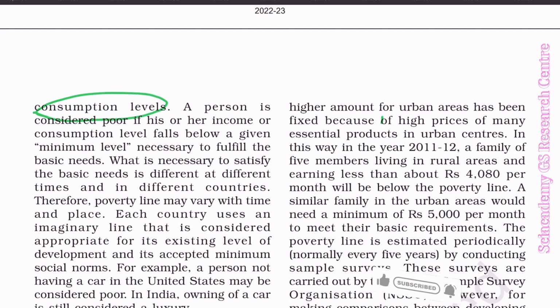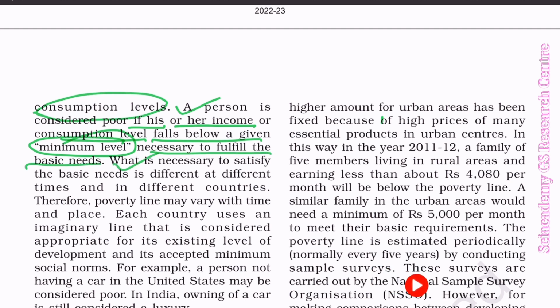A person is considered poor if his or her income or consumption level falls below a given minimum level necessary to fulfill the basic needs. What is necessary to satisfy the basic needs is different at different times and in different countries. Therefore, poverty line may vary with time and place.